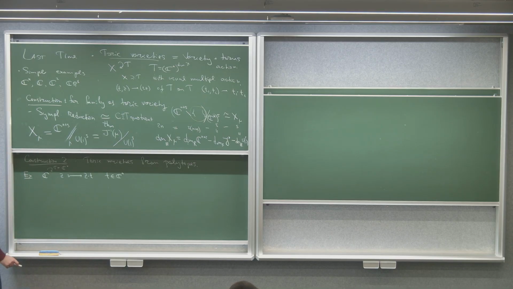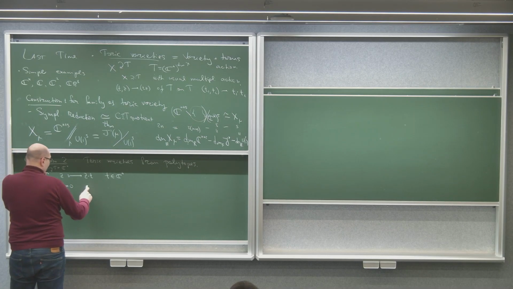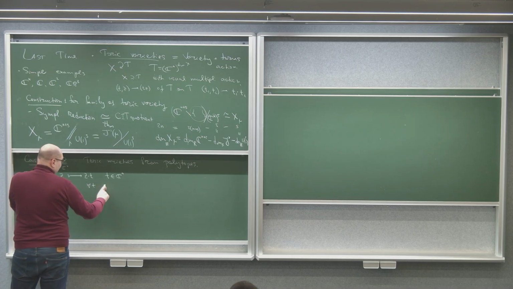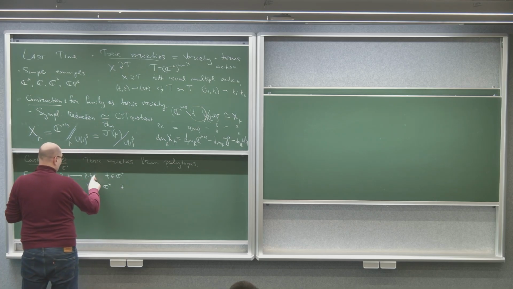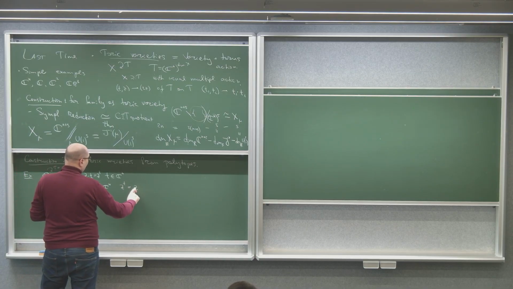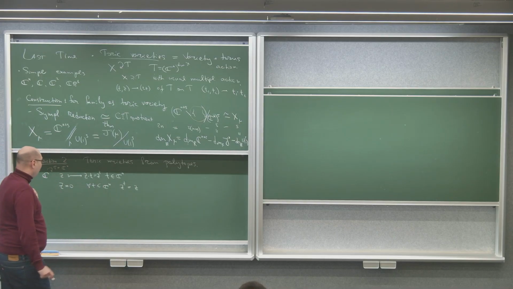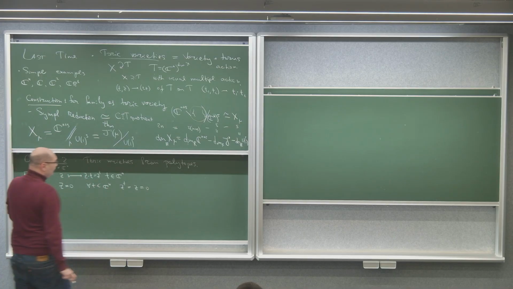Among points in C, we have two types of orbits. If z equals exactly 0, then for all t in C star, the element t preserves this point z equals 0.